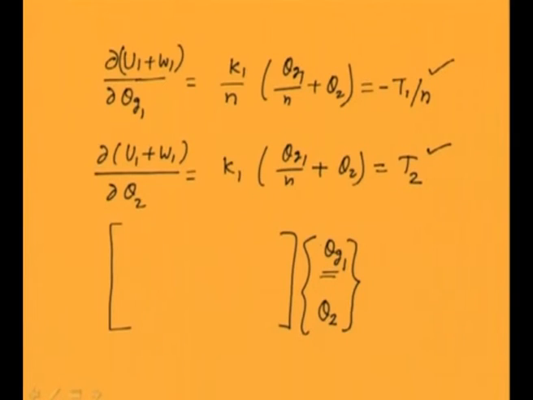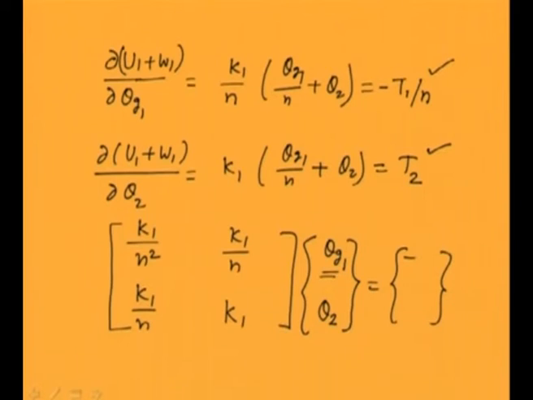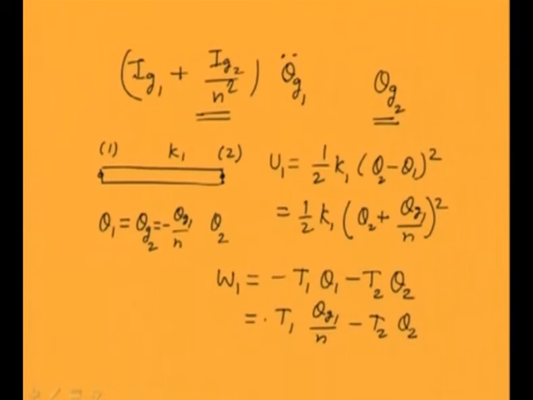So this equation will take this form: minus T1 by N, and the second term is T2. This particular equation is the stiffness matrix which we need to consider for the analysis of the gear element, and we have already seen the change in the mass matrix will be this much.